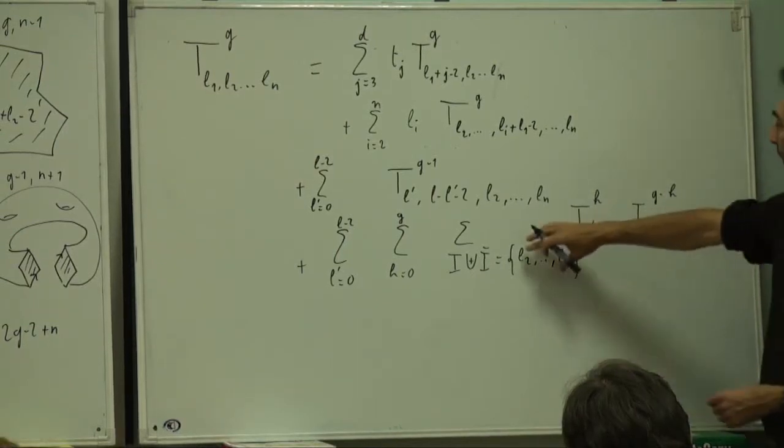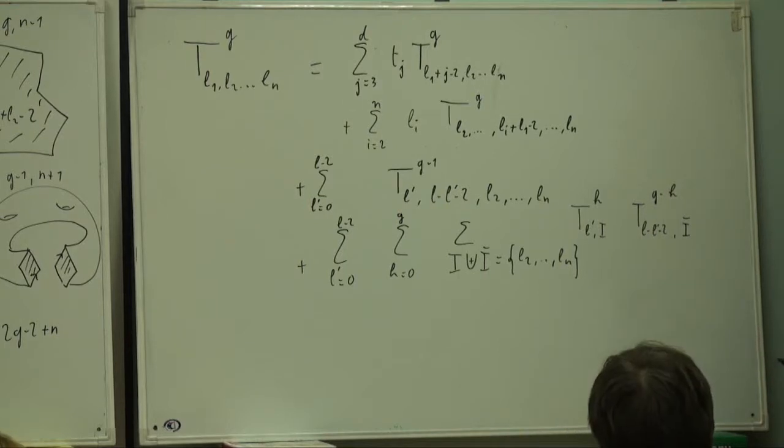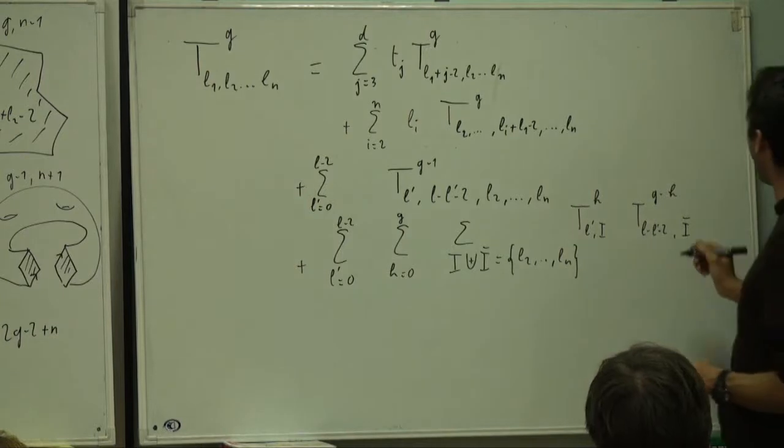So we have to split this set into two complementary subsets. L is L1. Excuse me? L is L1. Yes. So L is L1.